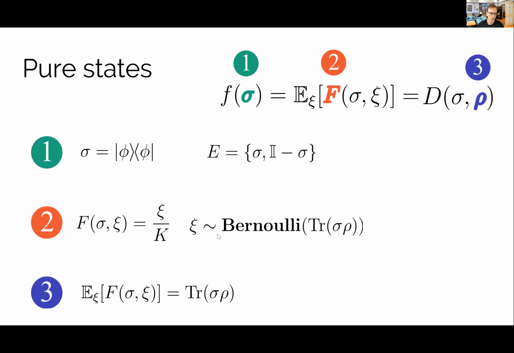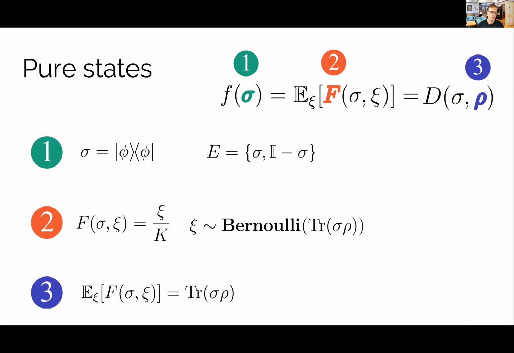And it's quite an easy calculation, right? Because the expectation value of a Bernoulli random variable is just the probability, just this parameter inside of the Bernoulli random variable. So the expectation value of this function is just the probability.